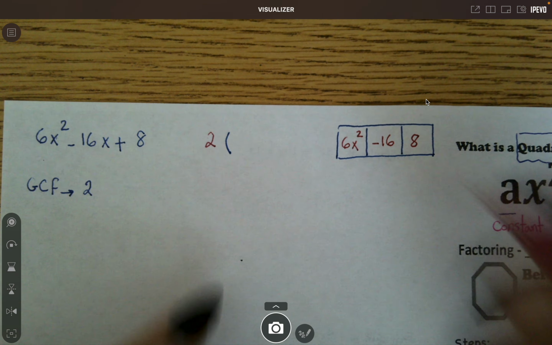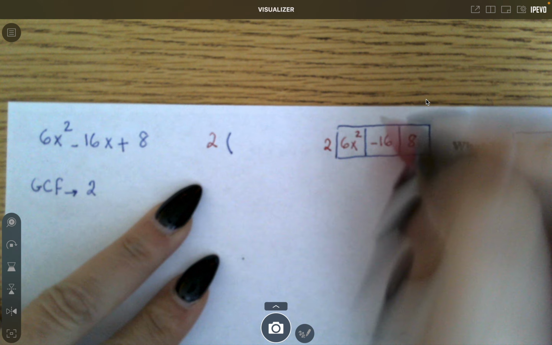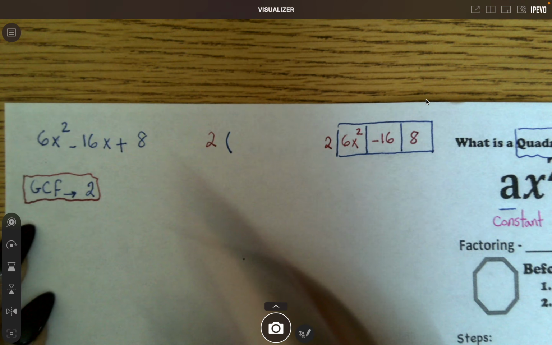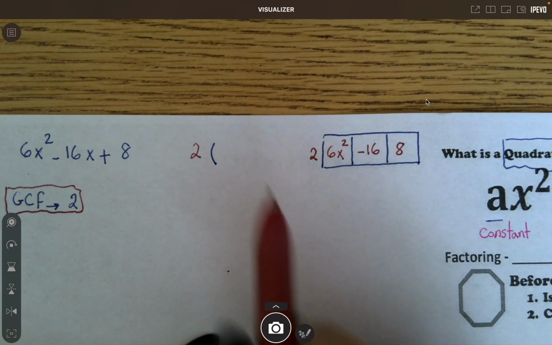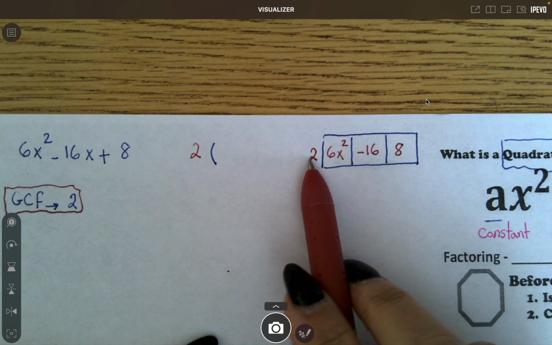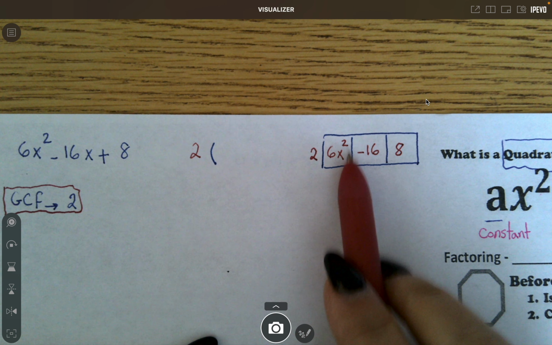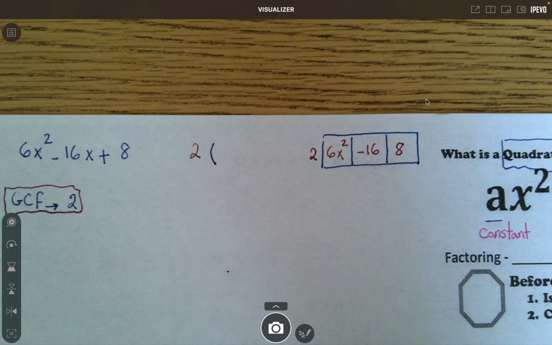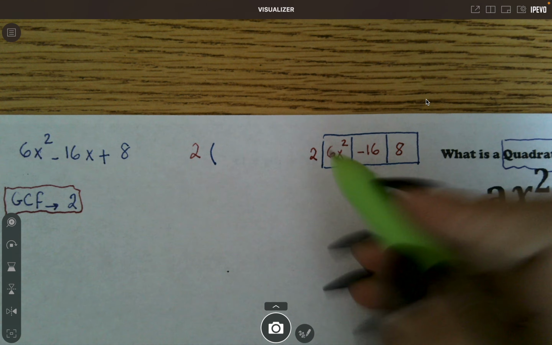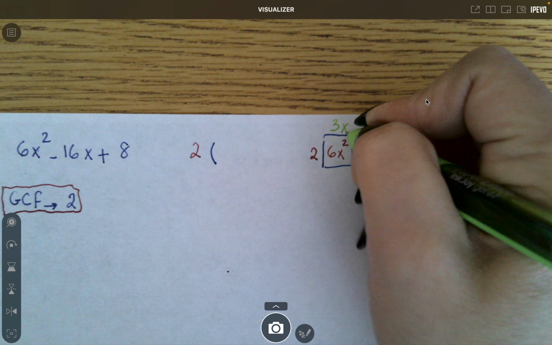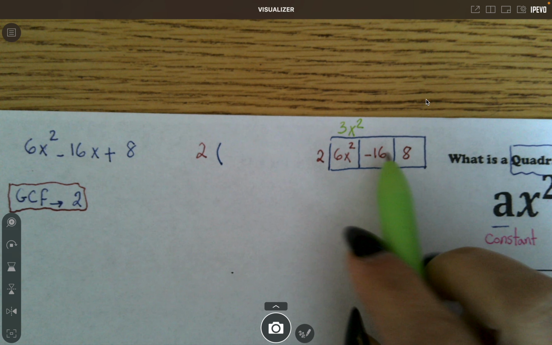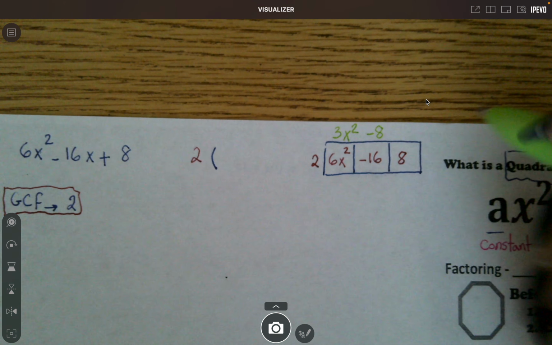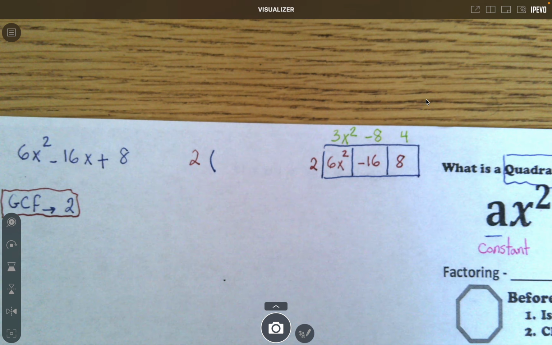And then we have 2 as a GCF outside. So now what multiplies to give me that, or you can say 6x squared divided by 2? If I divide, I would get 3x squared. Negative 16 divided by 2 is negative 8. 8 divided by 2 is 4.